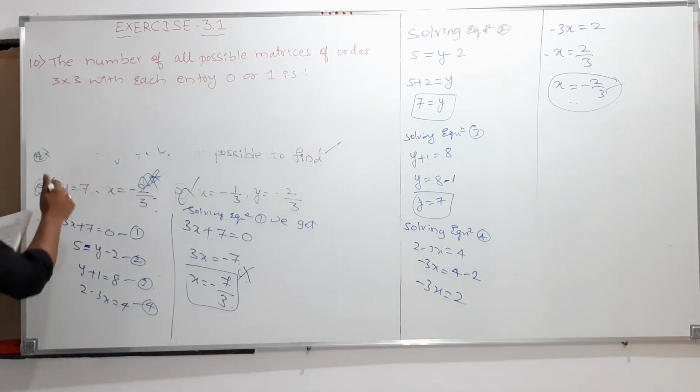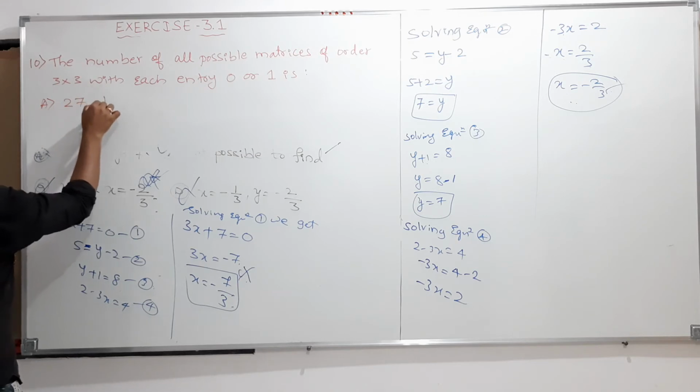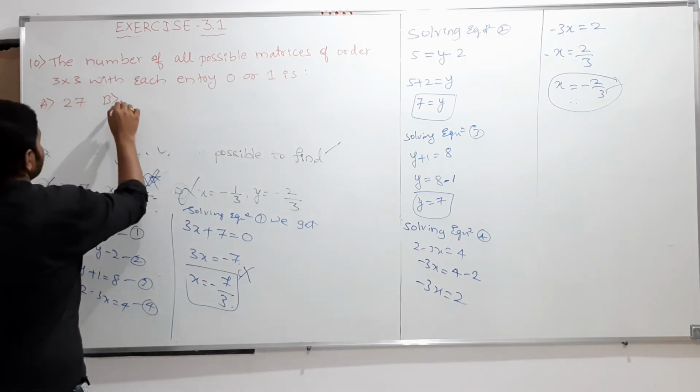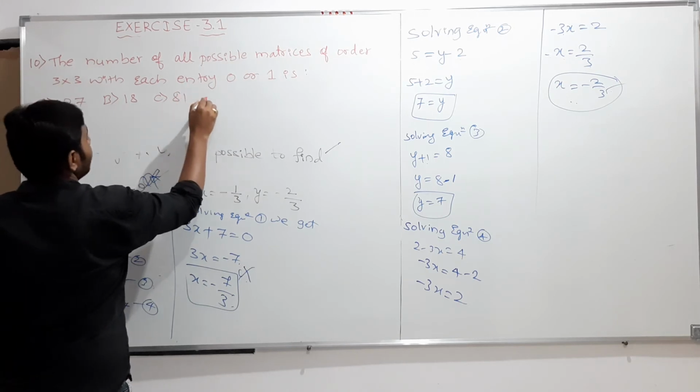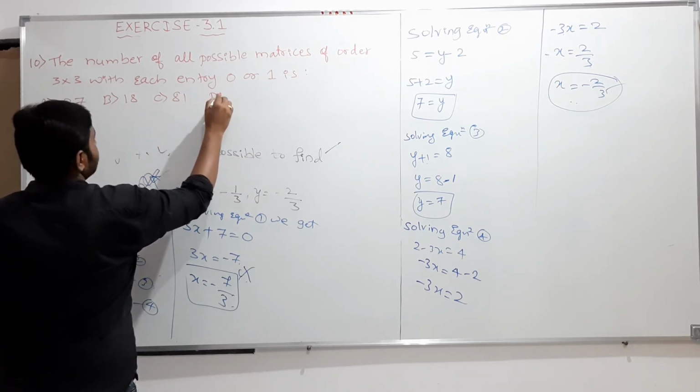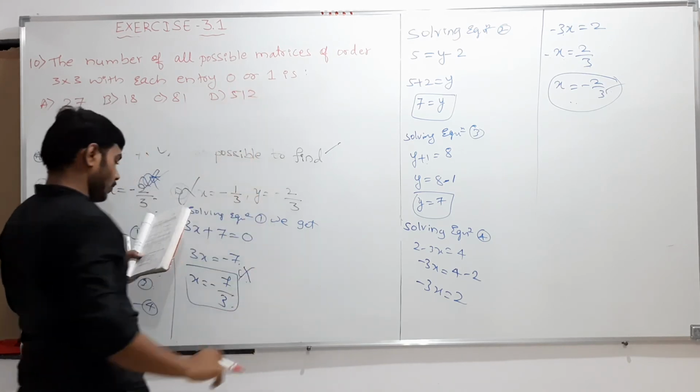The first option is 27, the second option is 18, the third option is 81, and the last option is 51.